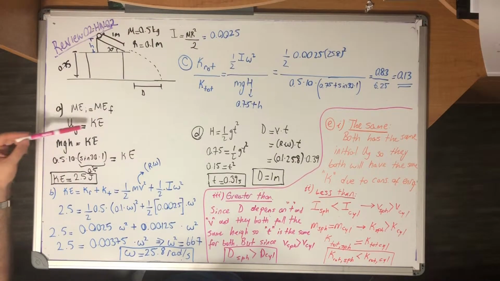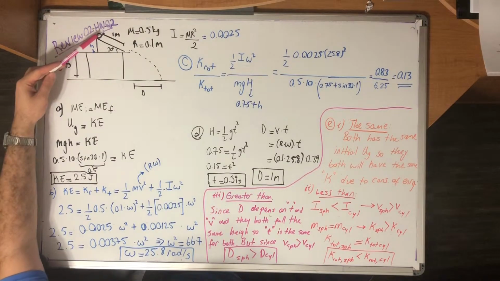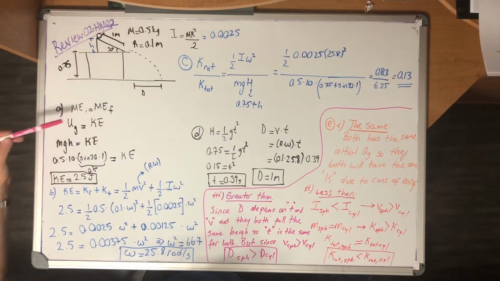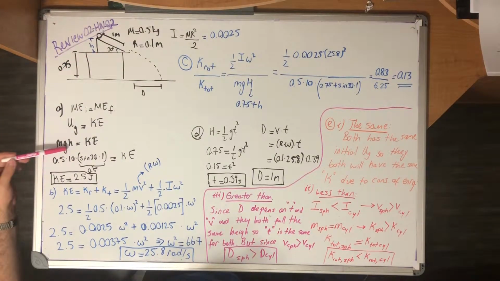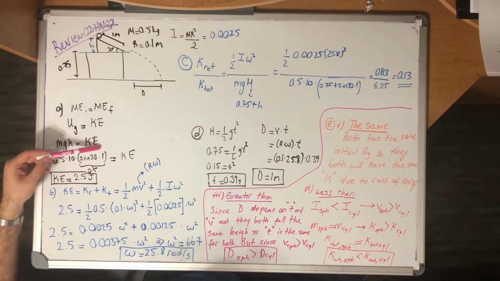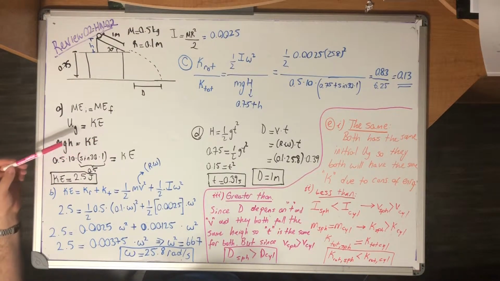So all we need to say is total mechanical energy is the same at all points, and you take the top point and the bottom point. At the top, it starts from rest, so the only energy that it has is gravitational potential, which is mgh, and at the bottom it's going to have both rotational and translational kinetic energy, but we don't need to specify because they're asking for total kinetic energy, so it's just kinetic energy.